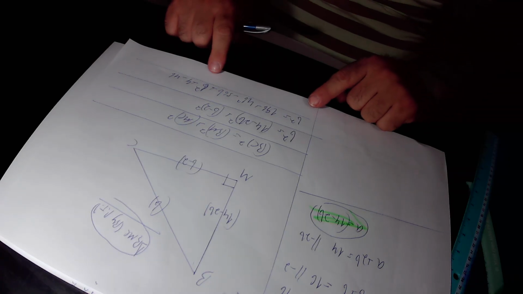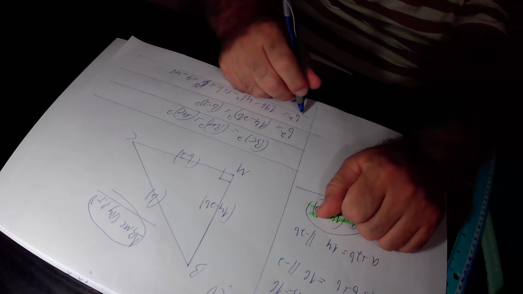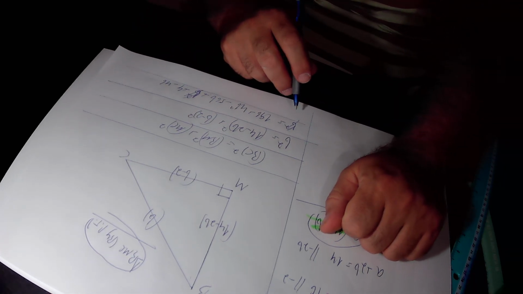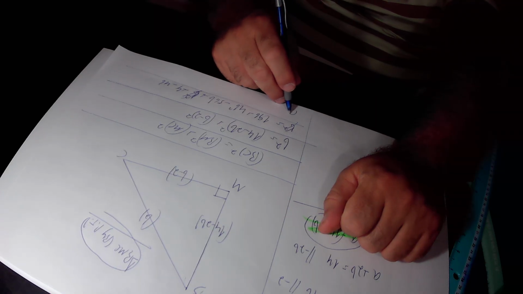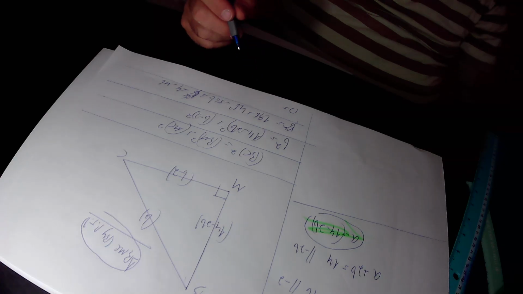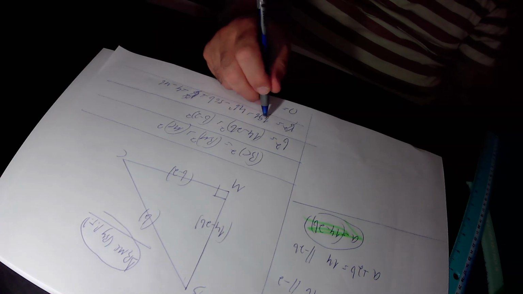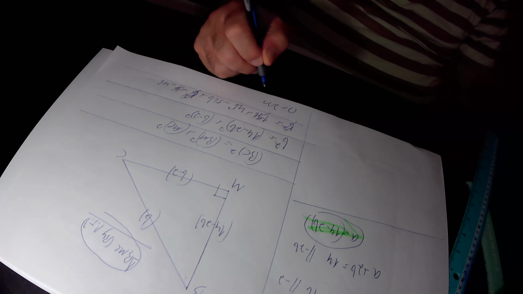On both sides of this equation we have B squared, so B squared gets cancelled. On the left side of the equation, after we cancel B squared, we are left with 0. On the other side of the equation we have 196 plus 4, that is 200.